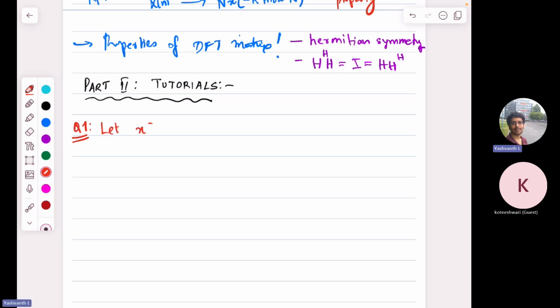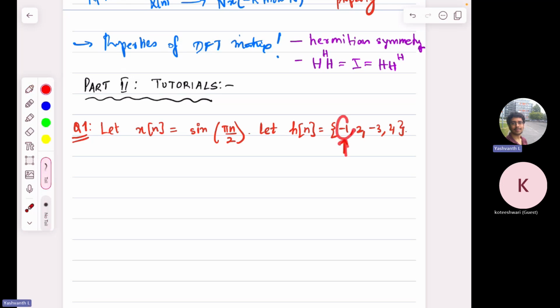let x of n be the time domain signal given as sine pi n by 2. Then let's say there's another discrete time signal h of n equal to -1, 2, -3, 4. If I put an arrow mark here, that says this -1 corresponds to h of 0 equal to -1.